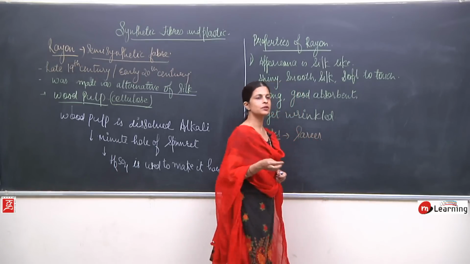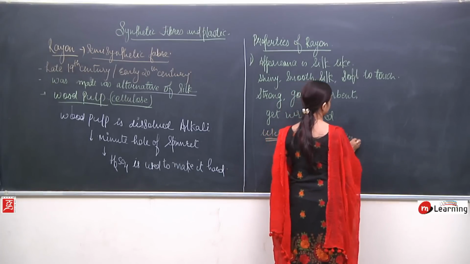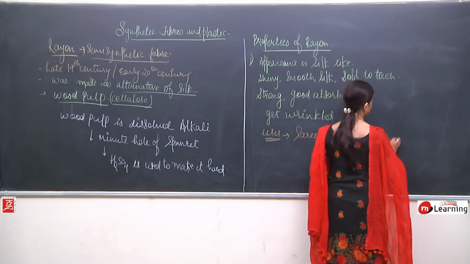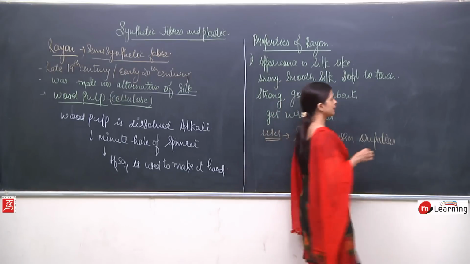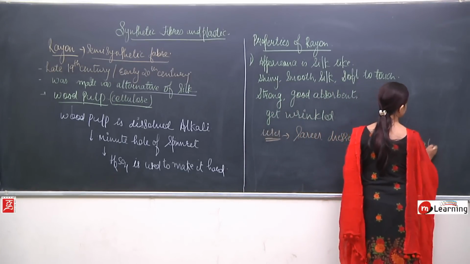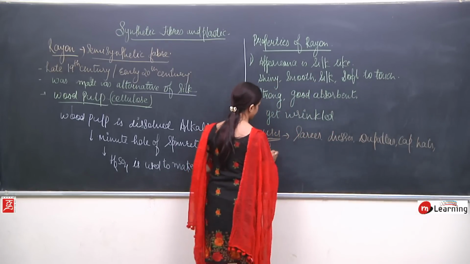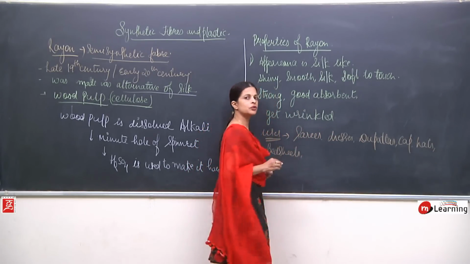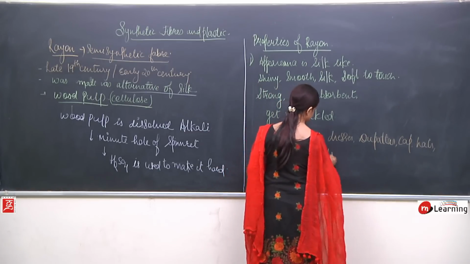It is also used to make all dresses, including dupattas. I don't feel like writing this, just all the dresses. Along with that, it is also used to make caps, hats, then maybe bed sheets. It is also utilized to make carpets.